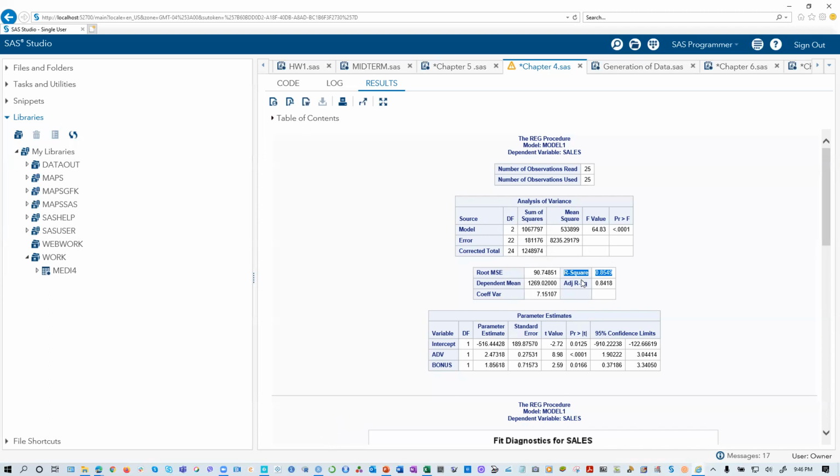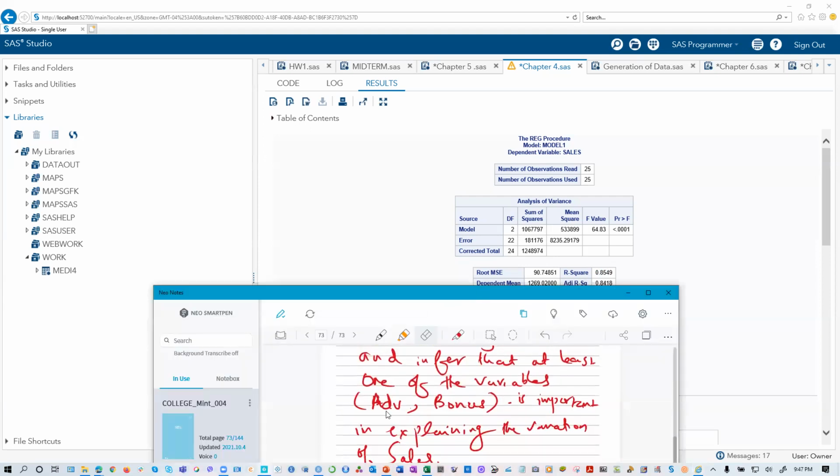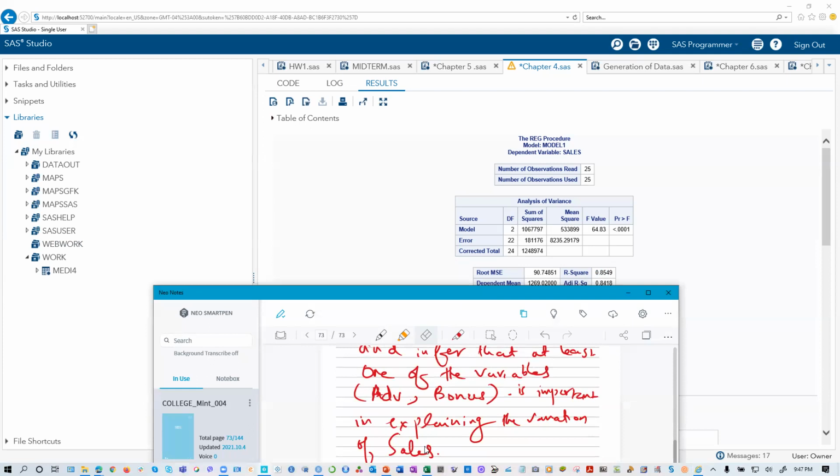But how are you going to calculate this? You don't calculate, but I gave the idea. You divide this by that. 106, 7797 divided by this one. That means R squared. R squared is called the goodness of fit.